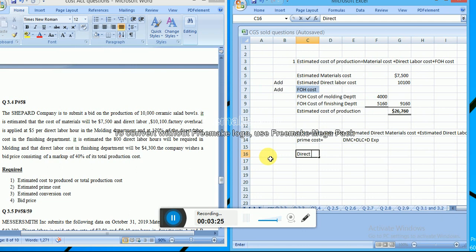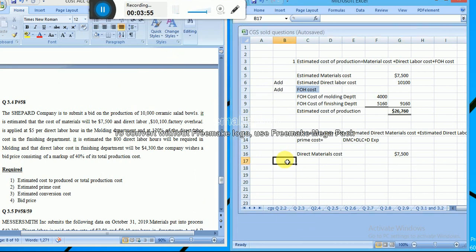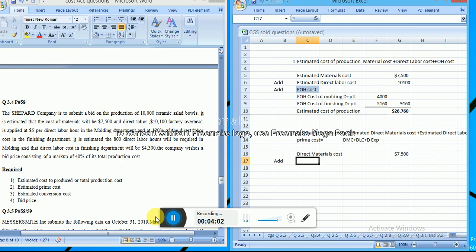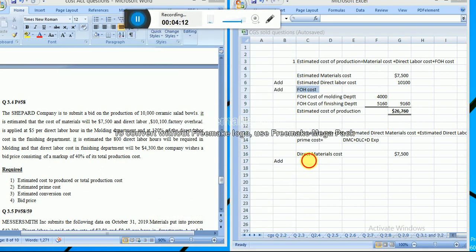Prime cost now: direct material cost. Our direct material cost is given in the question, that is $7,500. To the direct material cost we will add direct labor cost.